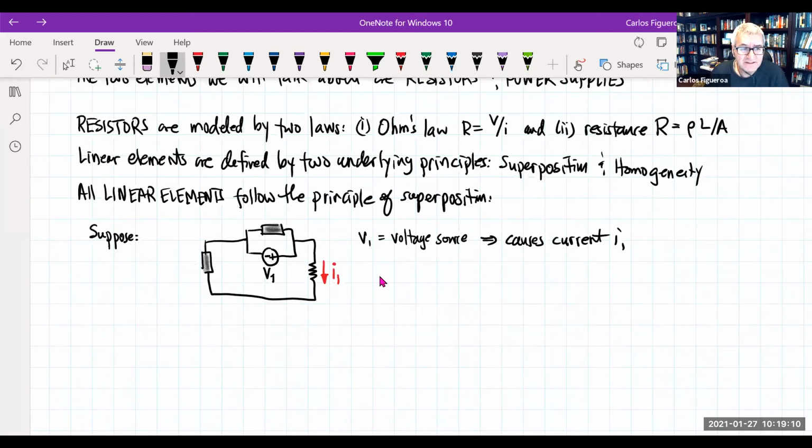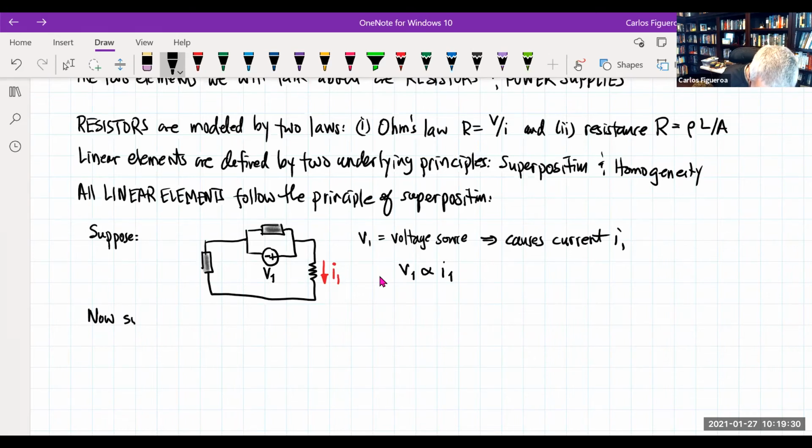One of the things that I said here is that resistors and power supplies are linear elements. What do I mean by linear elements? That means that this voltage is proportional to that current. They have to be this way.